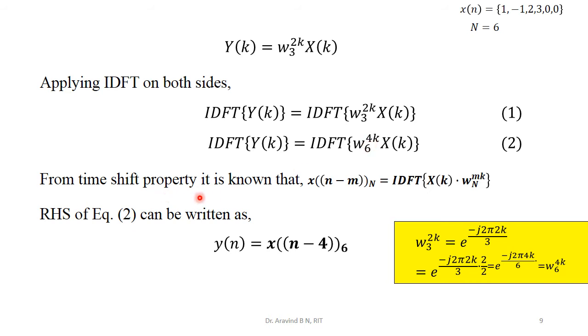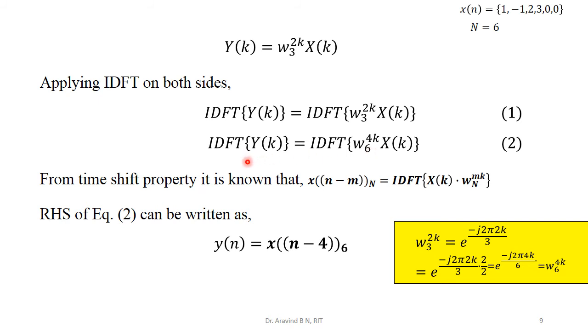Now go through the time shift property of the DFT. X of n minus m with respect to n will be equal to IDFT of x of k into omega n mk. Now this right hand part of the time shift property is comparable with the right hand part of the given expression we are calculating.